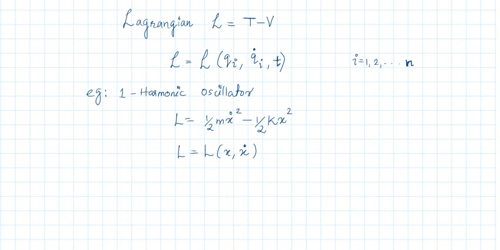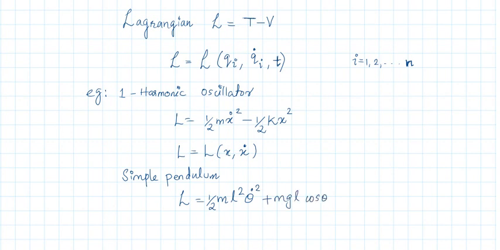Similarly, if you consider the case of a simple pendulum, then the Lagrangian is given by half m L square theta dot square plus mgL cos theta. So here we can say that L is a function of theta dot.